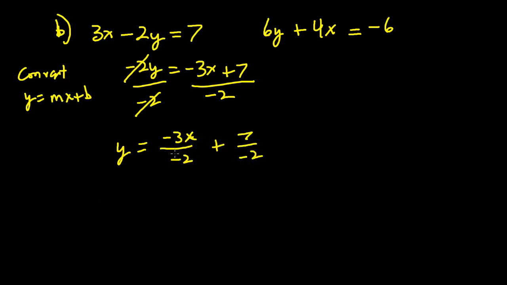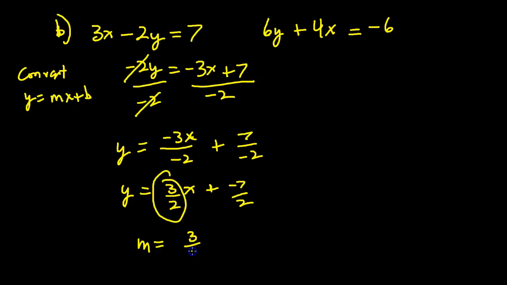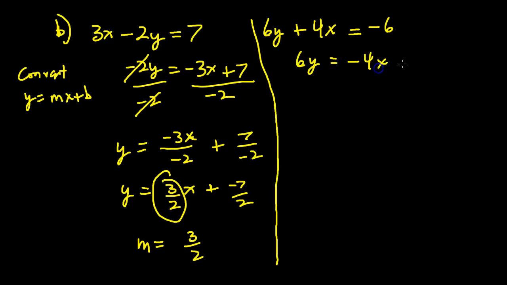Minus 3 over minus 2, of course, reduces to 3 halves, so 3 halves x, plus minus 7 halves. I'm not really concerned about the y-intercept here. In this problem, all I'm looking for is the slopes, and to compare the slopes. So let me work now on the second line. I'm going to here subtract 4x from both sides.